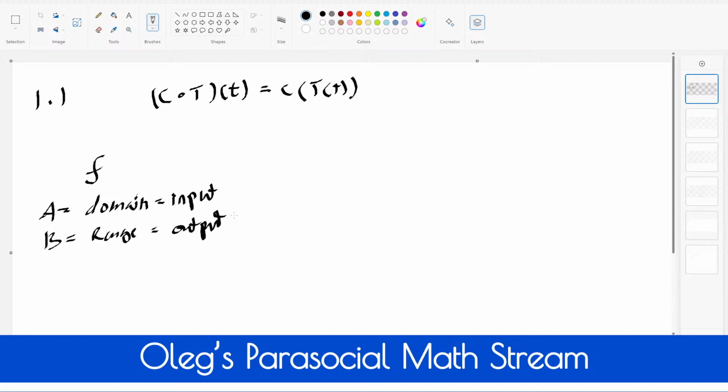So we have our function f, and then we're going to have function g with a domain D, which is equal to input, and E is equal to range, which is output.